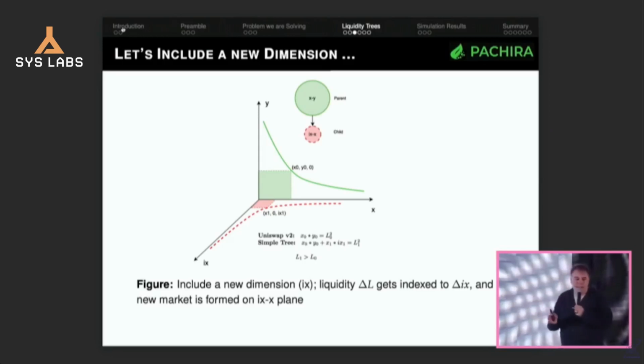The good way of looking at it is that from Uniswap V2 to V3, we're virtually deepening the market. With liquidity trees, we're virtually increasing the breadth of the market. So breadth versus depth. I like to think of it as a grand unified theory of DeFi.